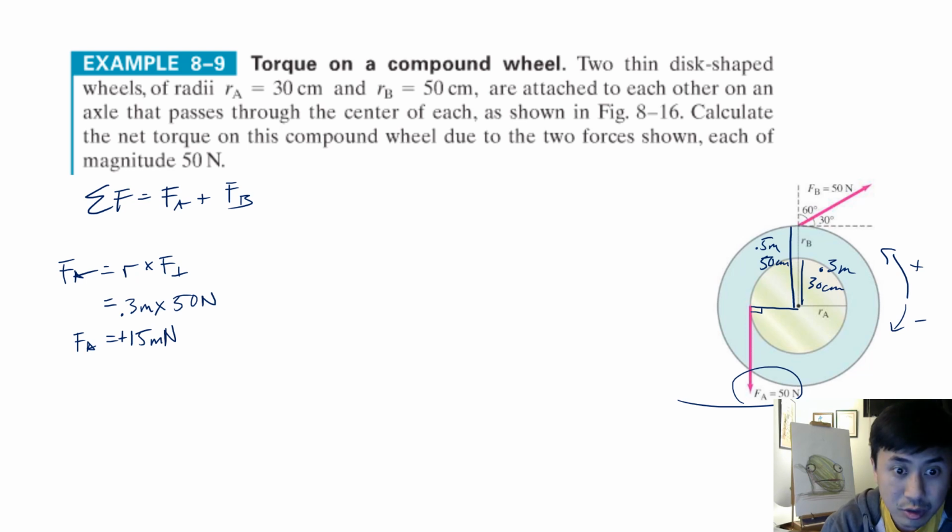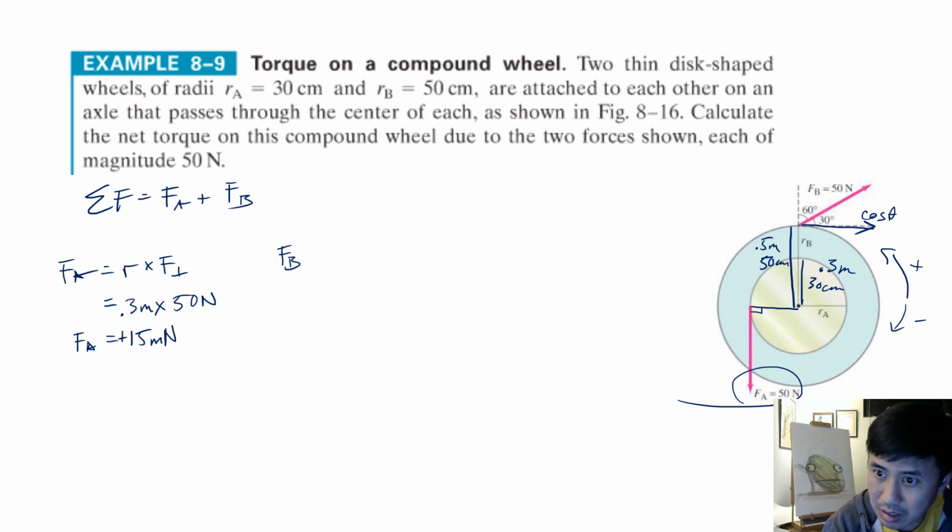Good. Let's do F of B. For F of B, we have to do some sine cosine stuff. So we actually want this force, this up and down force. Oh wait, no we don't. I don't want that arrow, silly arrow. Instead, we want this arrow, right? We want that to be tangential to that wheel. So if you look at it, that's cosine, isn't it?